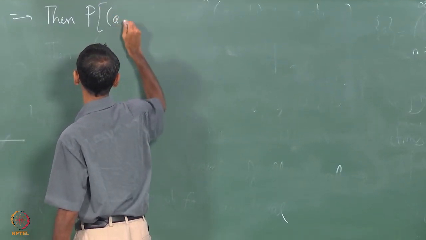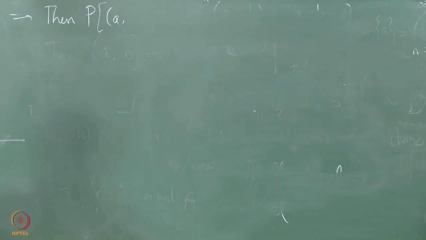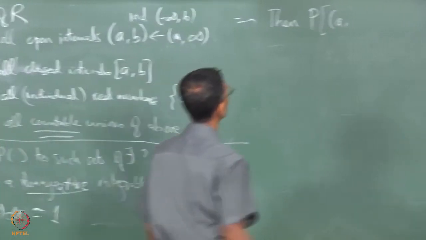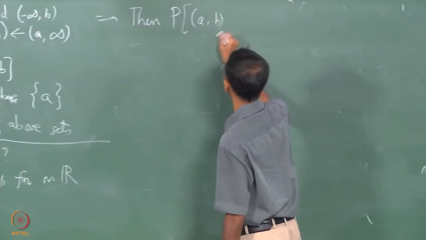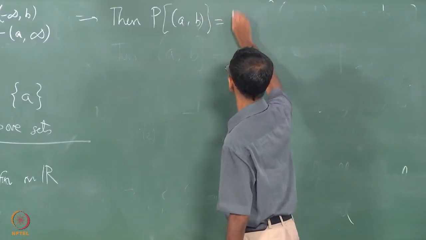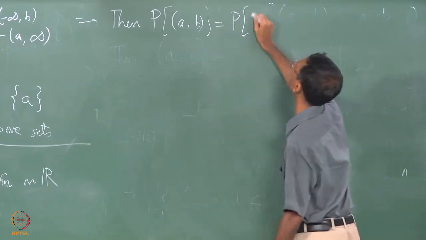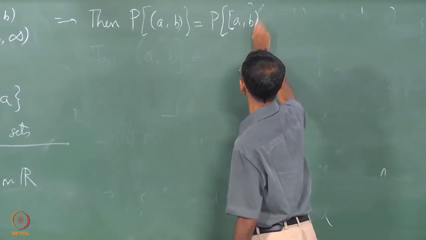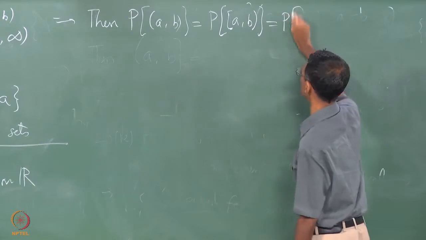Let us say the open interval, well, we have to look at a distinction here. Do we take the open interval or do we take the closed interval? It turns out it does not matter. All of these combinations will have the same probability.